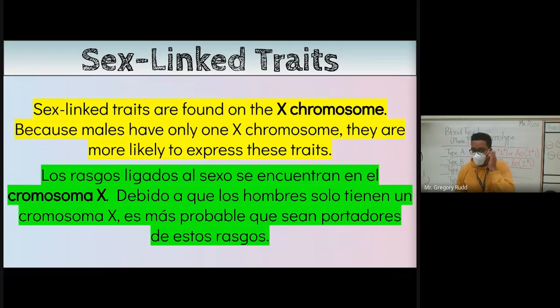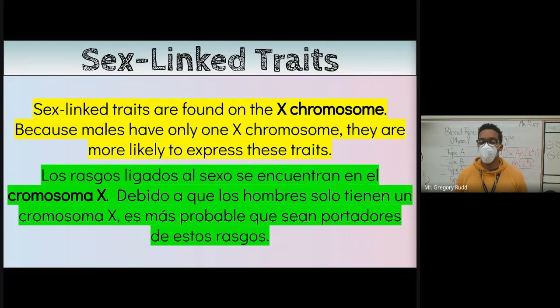Okay. So we're going to talk about some sex-linked traits. The important thing to know about these sex-linked traits is that you only find them on the X chromosome. This means that because males only have one X chromosome, and that's what Gloria was just thinking through, they are more likely to express sex-linked traits.